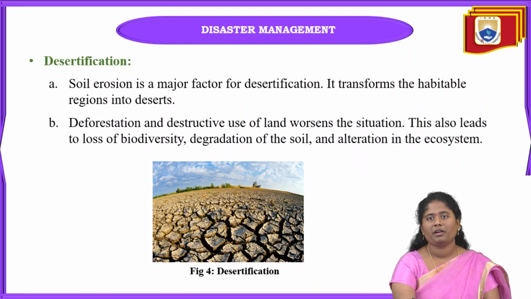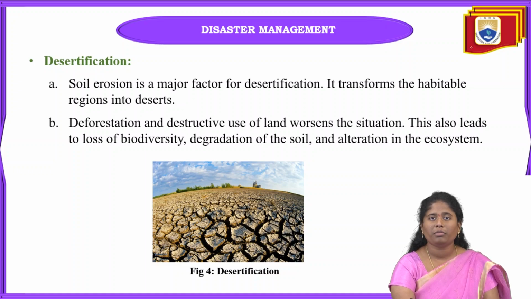Next one is desertification. This is one of the major factors of soil erosion. Why? Because desertification is nothing but the transformation of habitable regions into deserts. The top layer of the soil has nutrients and minerals.